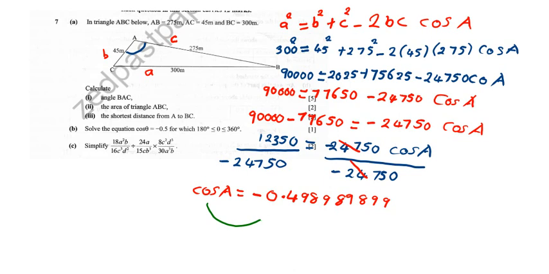So A is equal to cos inverse of negative 0.49898989. So when you do cos inverse of negative 0.49898989, what are we getting?